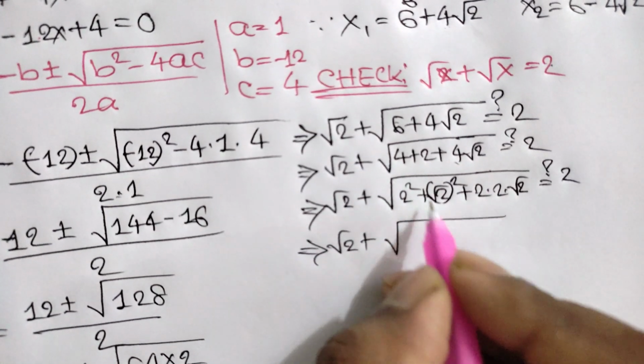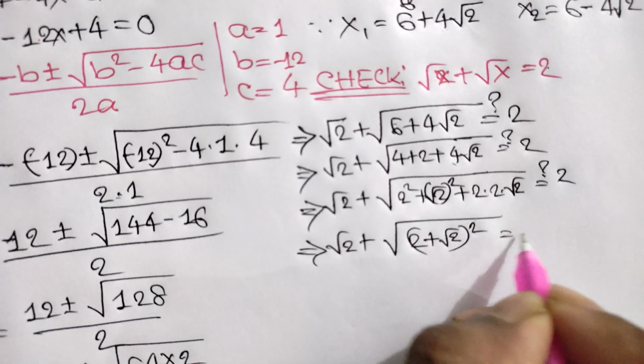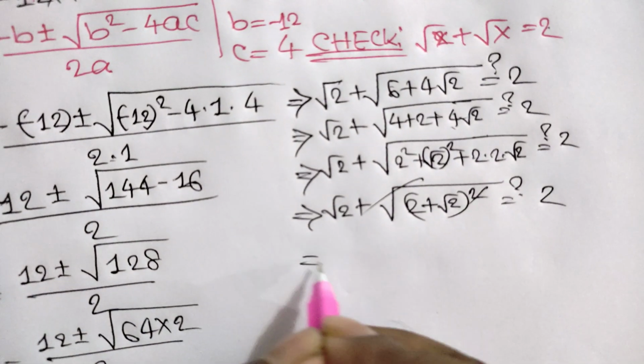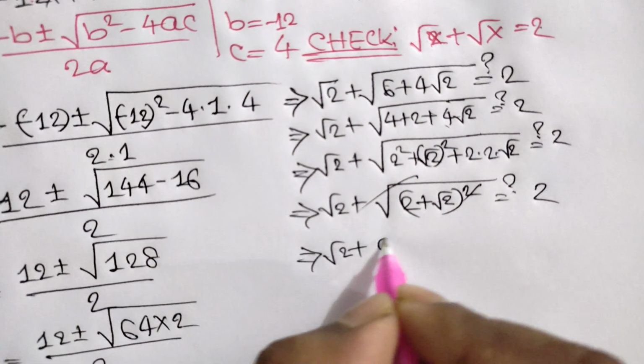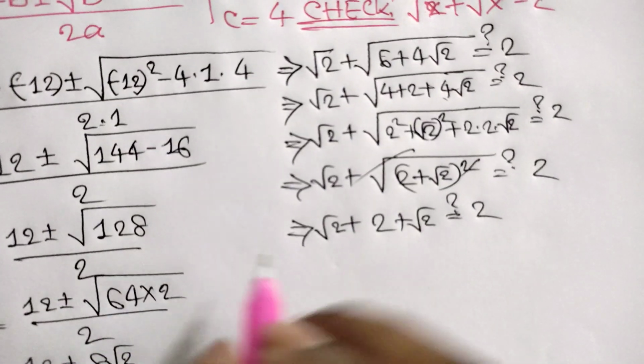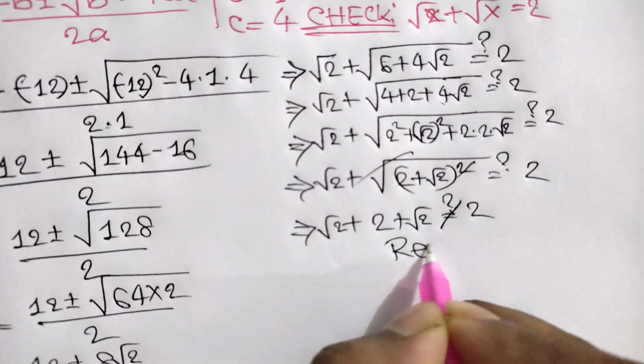Now the square cancels the square root, so we will get square root of 2 plus 2 plus square root of 2, is it equal to 2? But this is not equal, so this is rejected.